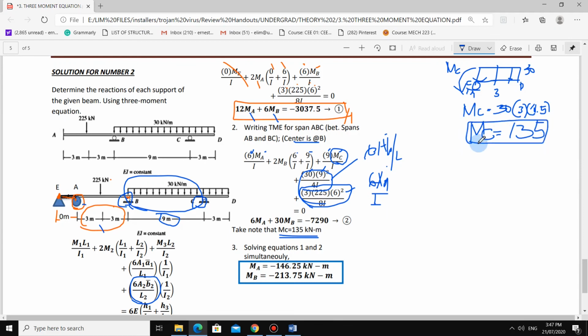Take note, guys, if we consider span CD, the moment there is counterclockwise.